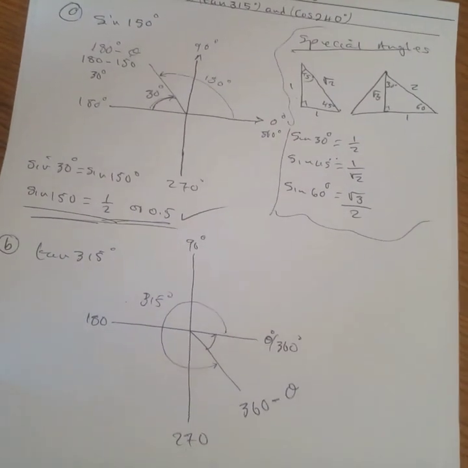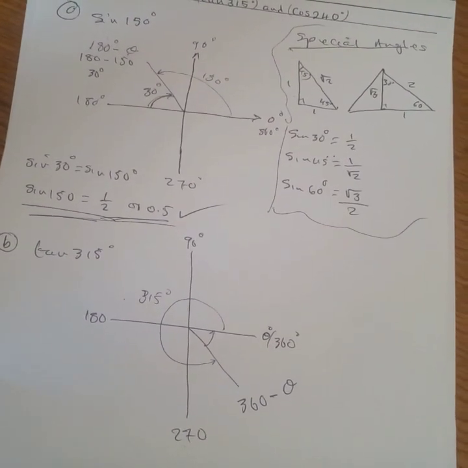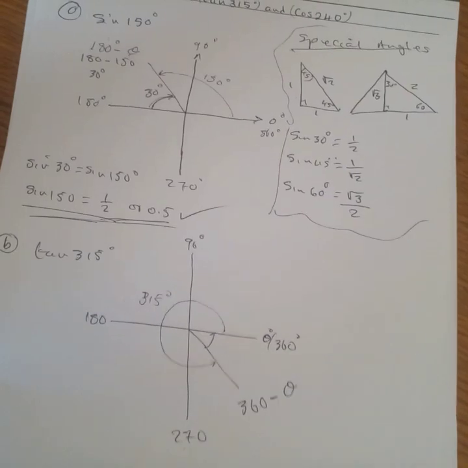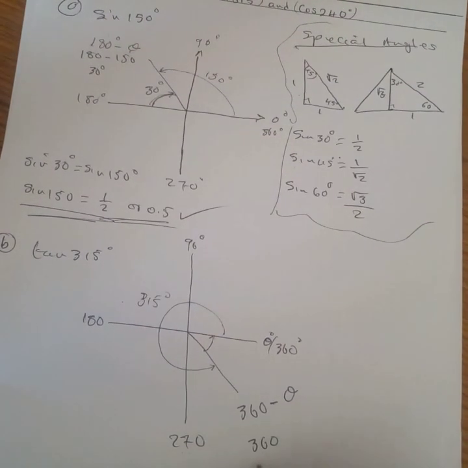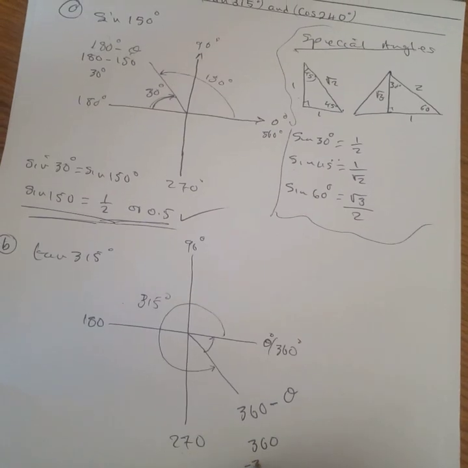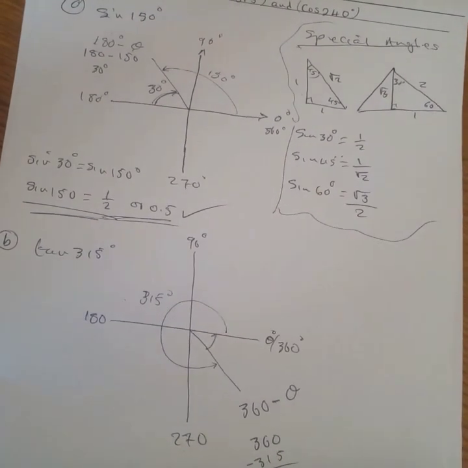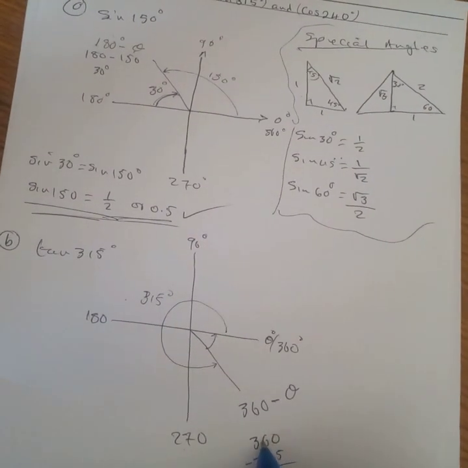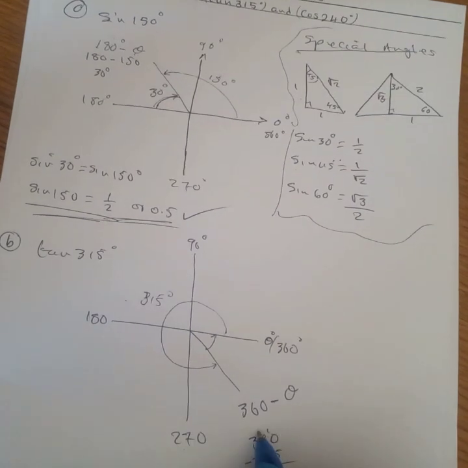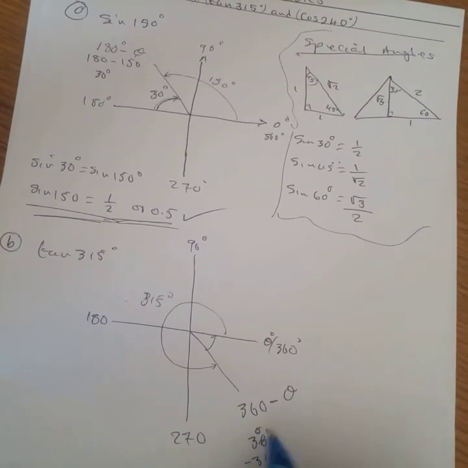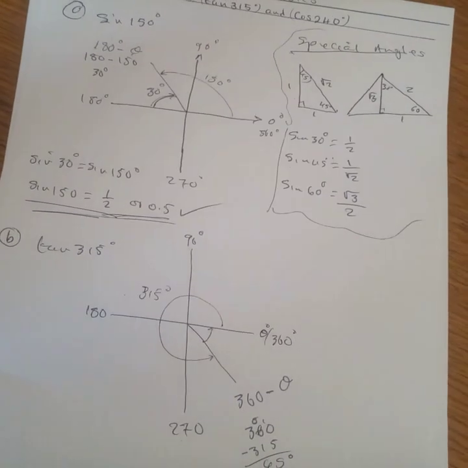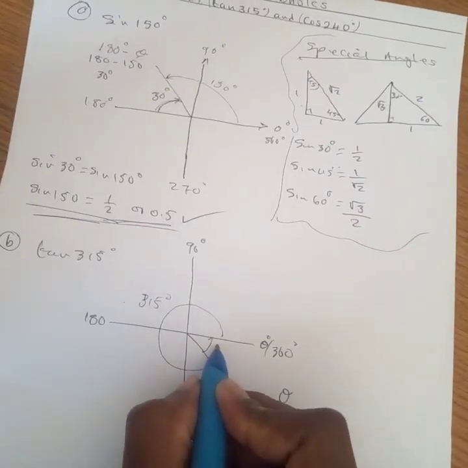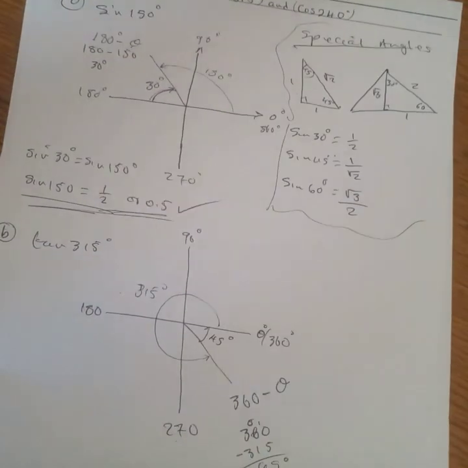So what is 360 minus 315? It will be 1 there, remain with 4, 5 there, so we have 45 degrees. So the reference angle is 45 degrees.